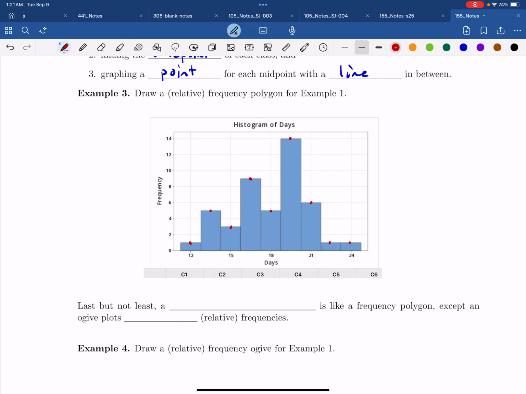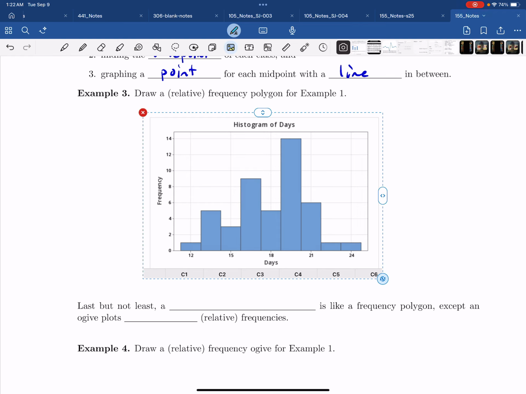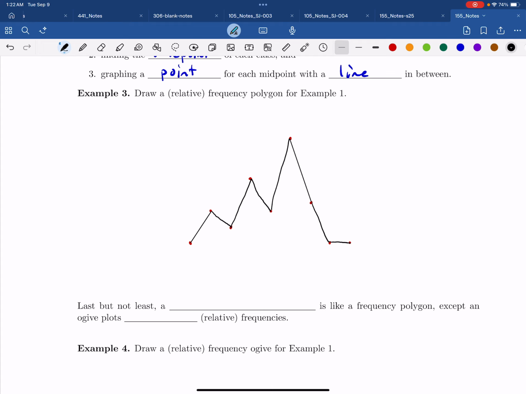I'm just finding the midpoint of each of these, and then I'm just going to connect them. Maybe I'll use black, a little thinner, just to keep the points. And pretend these lines are perfectly straight. There you go. Now if you erase the bars, and put the axes back and everything, that would be your frequency polygon.